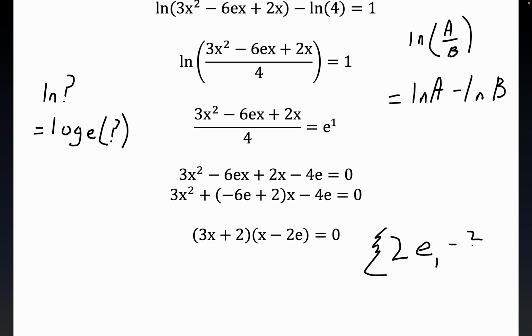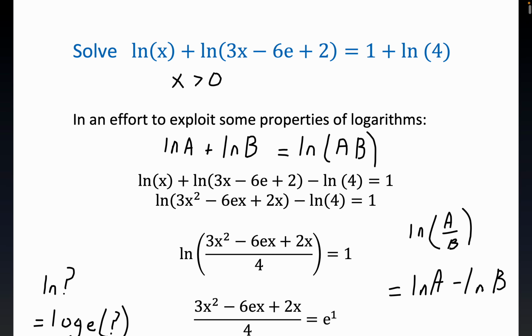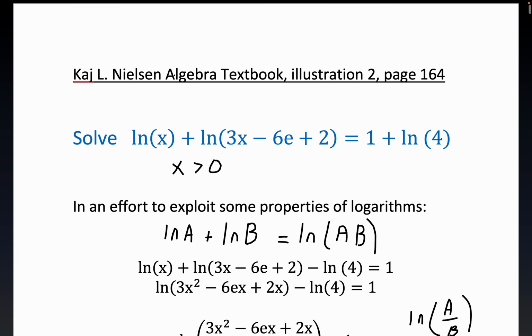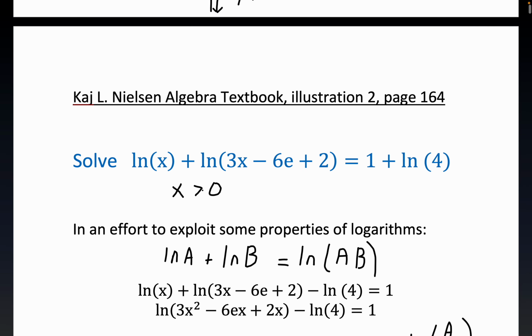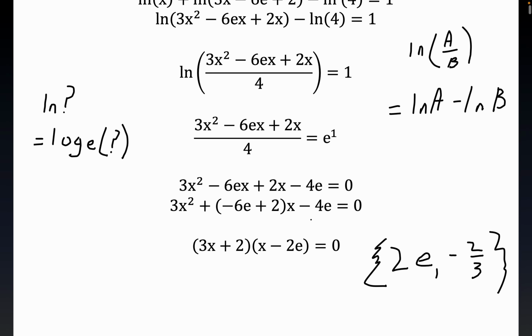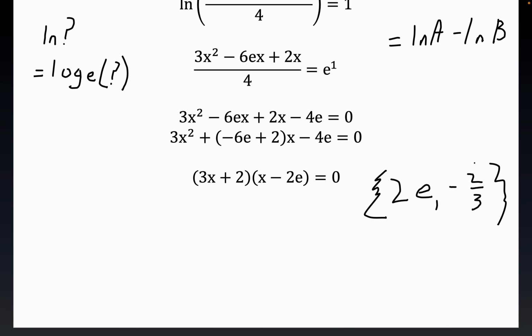Now notice we would have to reject this one right here, because remember at the very beginning, based on just the domain characteristics of the logarithm function, the input has to be greater than 0, and we know that from this term alone. And so we have to reject the minus 2/3.